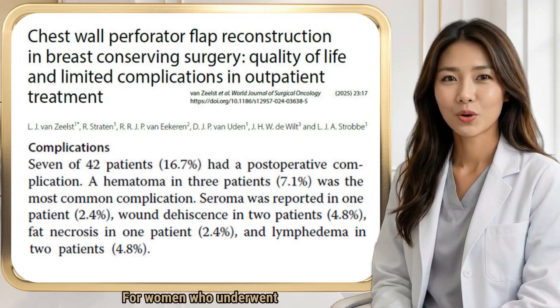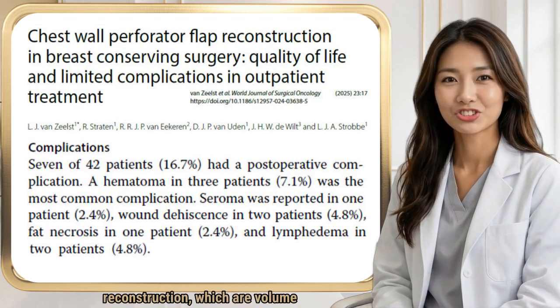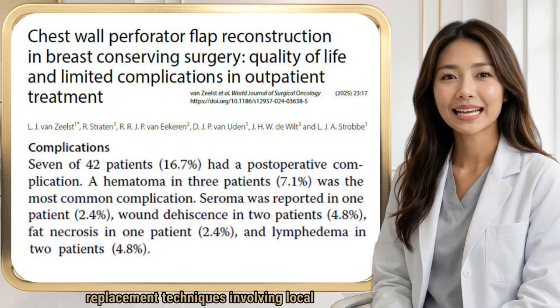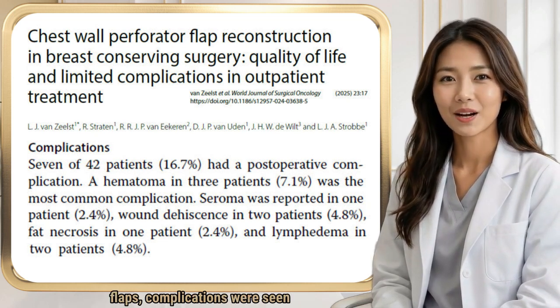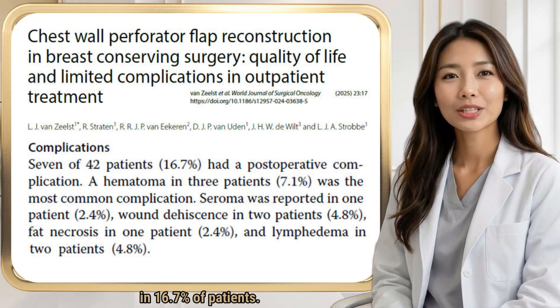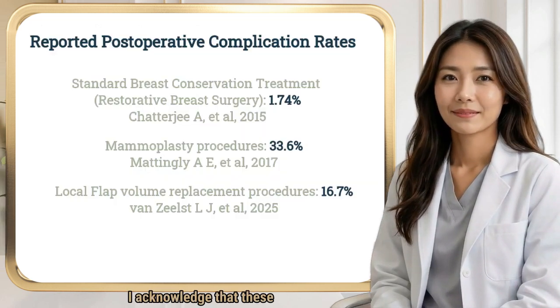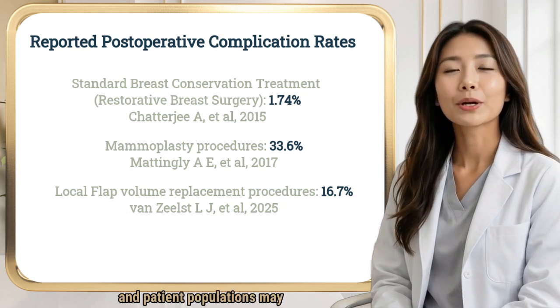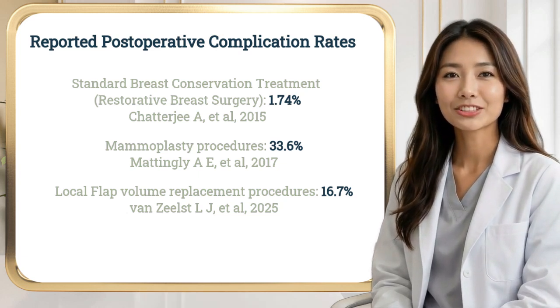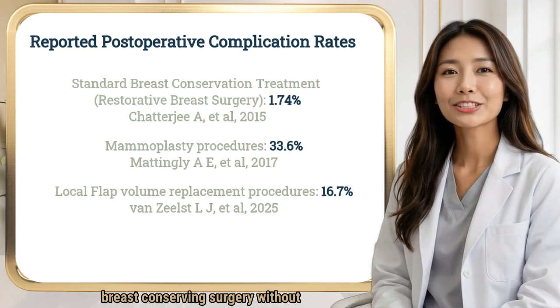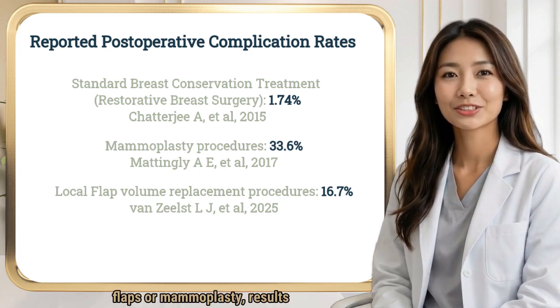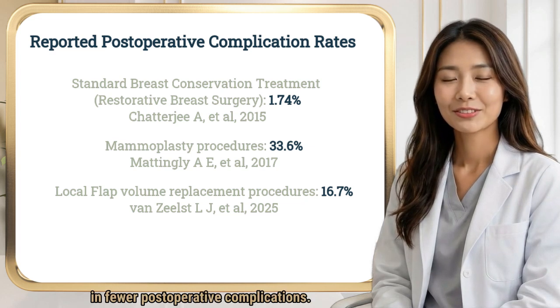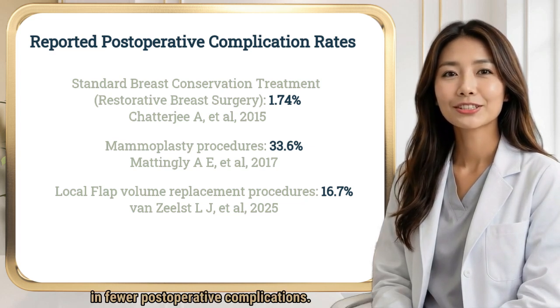For women who underwent chest wall perforator flap reconstruction, which are volume replacement techniques involving local flaps, complications were seen in 16.7% of patients. I acknowledge that these three studies were separate and patient populations may be different, but these research data suggest that breast-conserving surgery without flaps or mammoplasty results in fewer postoperative complications.